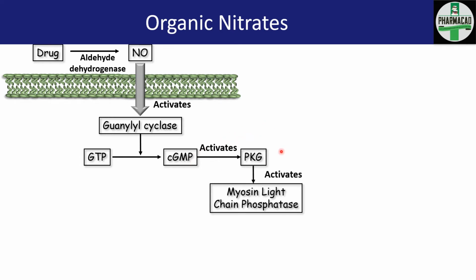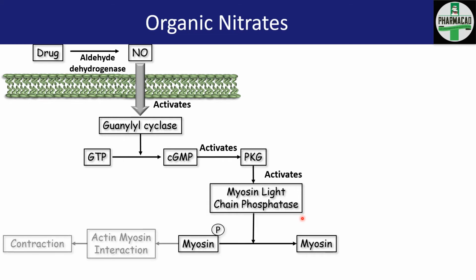This enzyme is now activating myosin light chain phosphatase enzyme. So this is the main effect of nitric oxide, that it is increasing cGMP levels inside the cell, and that is activating the MLCP enzyme. Now this plays an important role in vasodilation of the smooth muscle cell of the blood vessel.